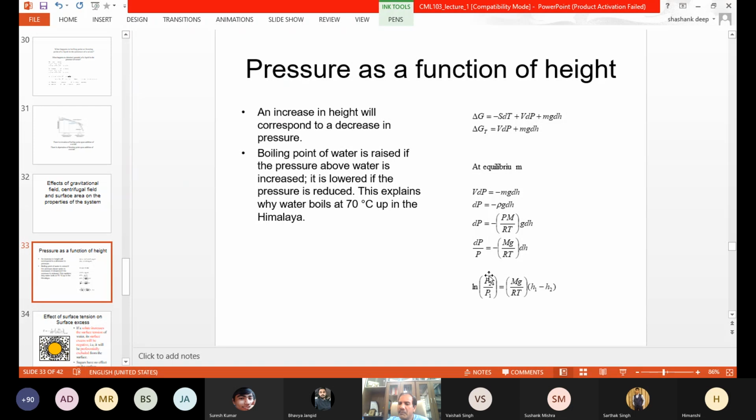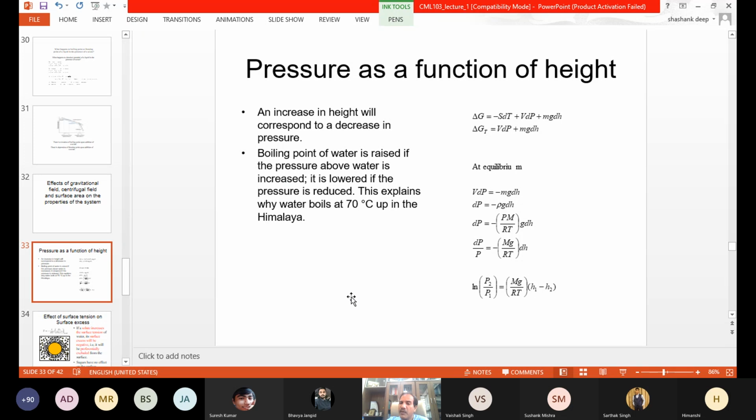It means vapor pressure will decrease, right? And that explains why water boils at 70 degrees Celsius up in the Himalaya. Water boils at only 70 degrees Celsius, and so you can understand why cooking is so difficult when you go up.